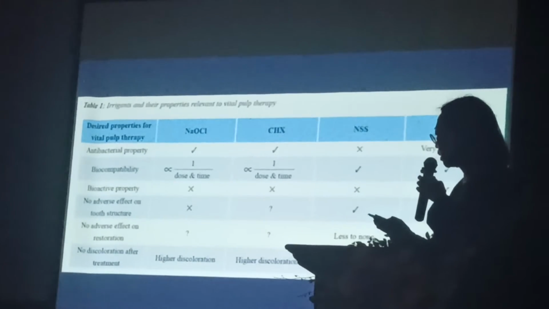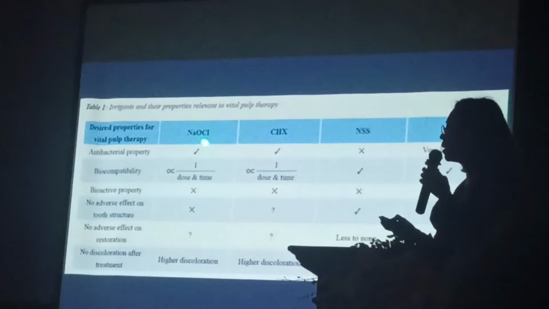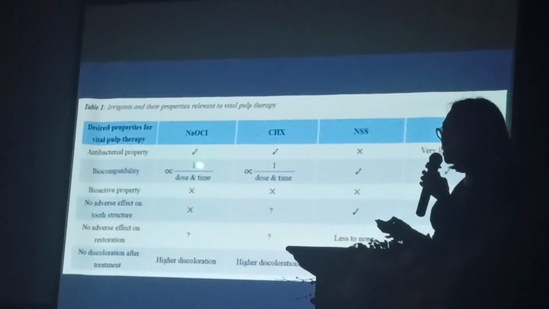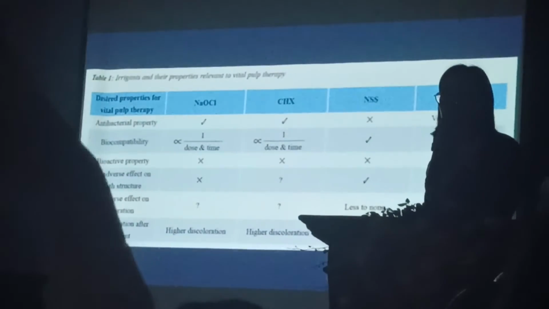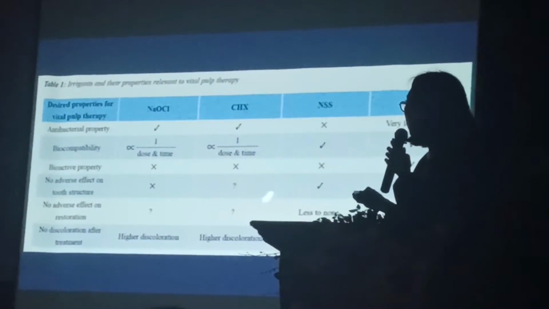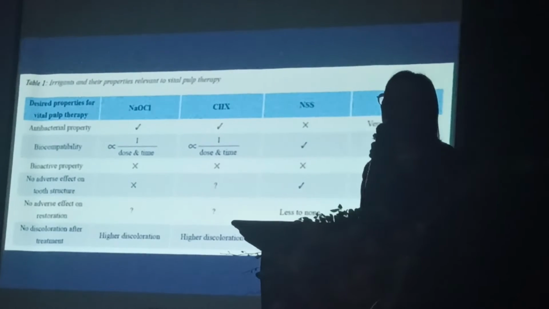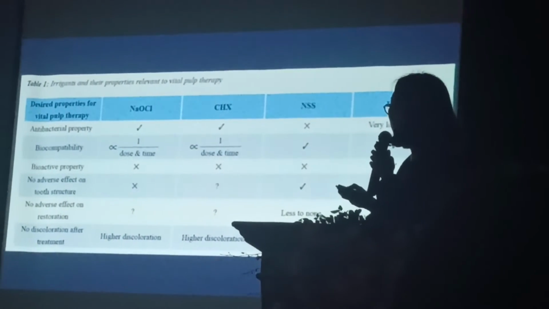You can see from this table that the most commonly used is sodium hypochlorite, but it doesn't give you all the properties that you need for vital pulp therapy, right? Glycine, same thing, doesn't give you everything. Saline doesn't have antibacterial, but biocompatibility is pretty good.